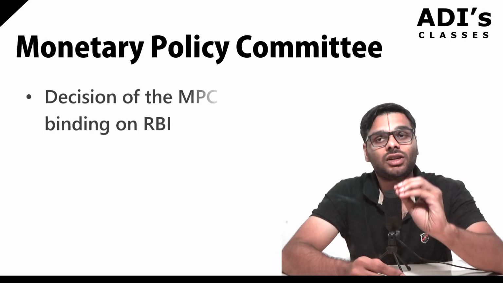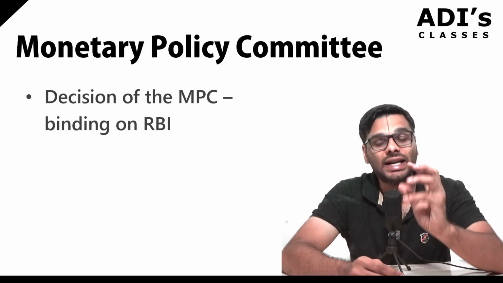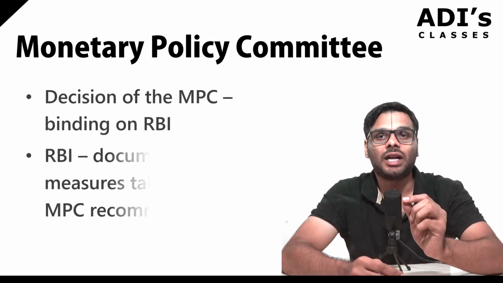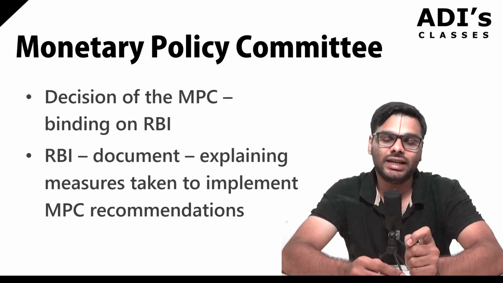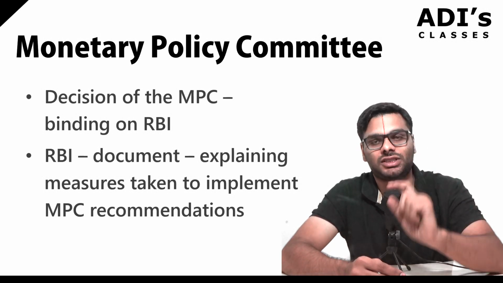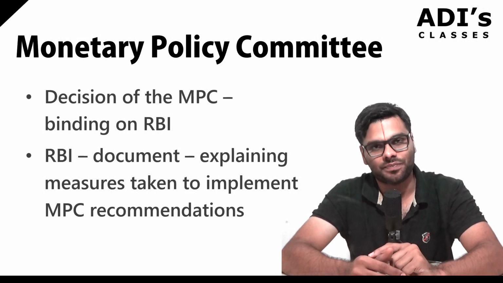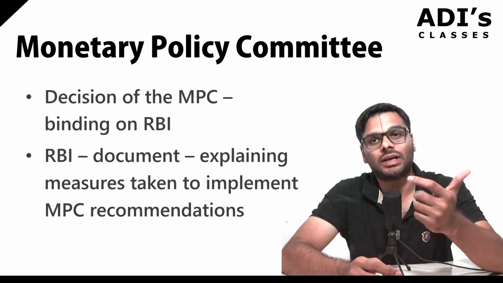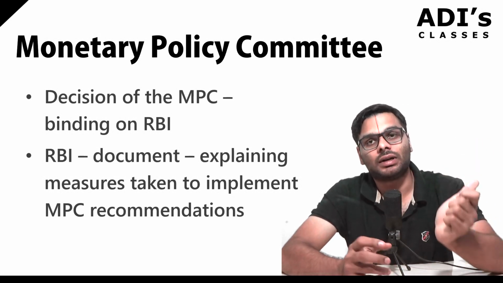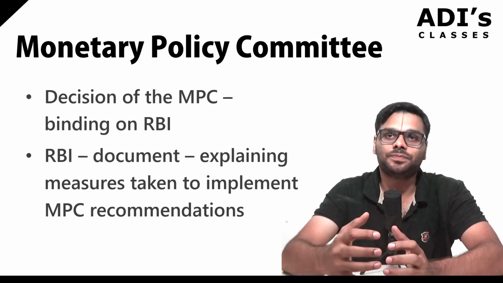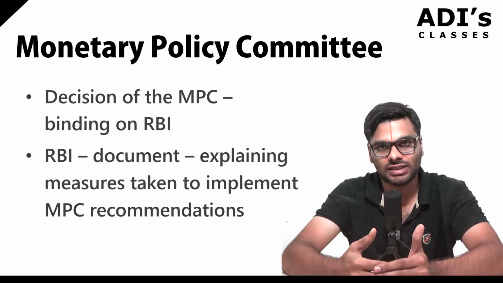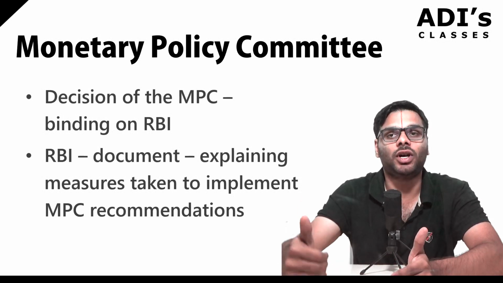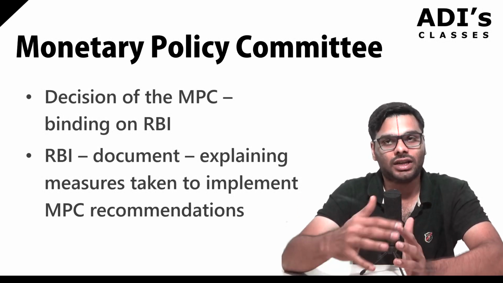Now coming back to the Monetary Policy Committee. The decision of the Monetary Policy Committee is binding on the RBI, and the RBI shall publish a document explaining the steps to be taken by it that will implement the decisions of the Monetary Policy Committee. Okay, so the Monetary Policy Committee comes together, and then it starts to take certain decisions as to how the monetary policy framework of the country should be.